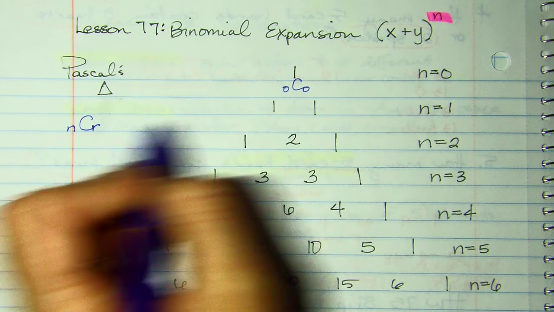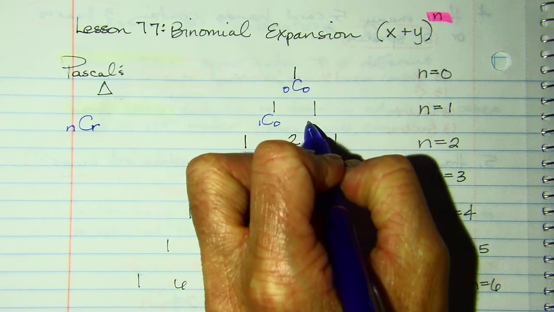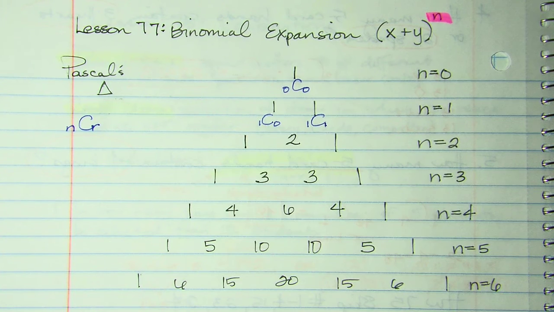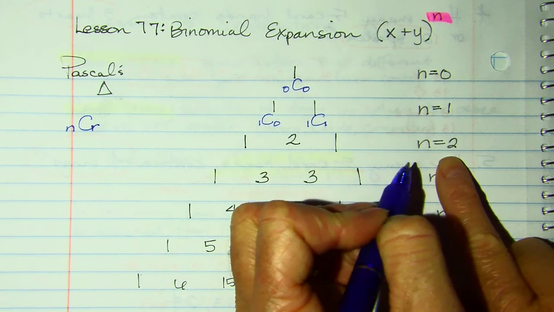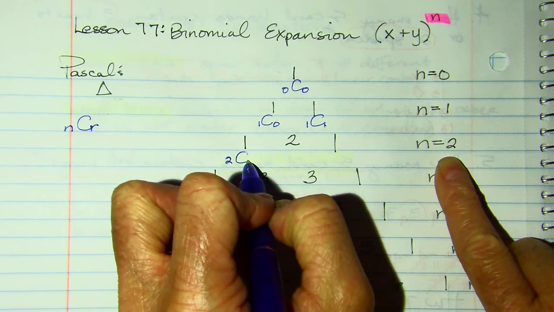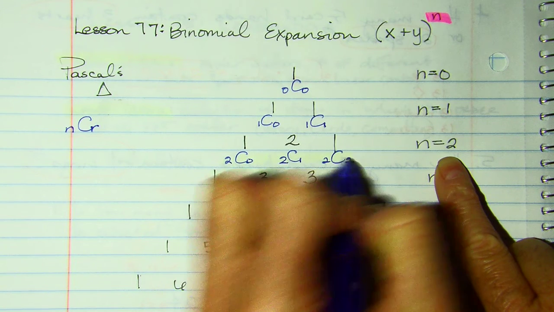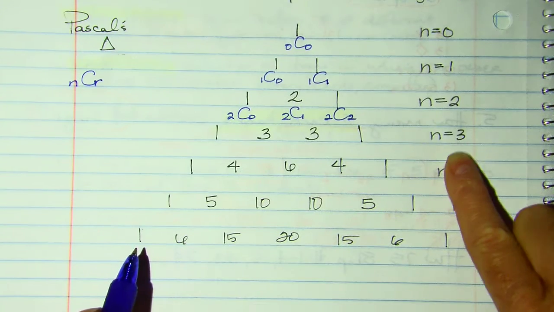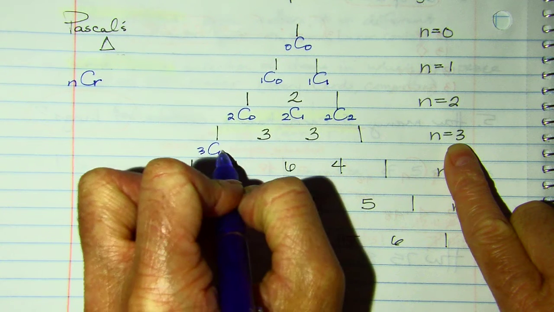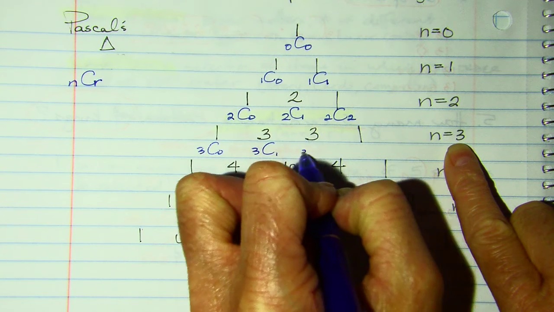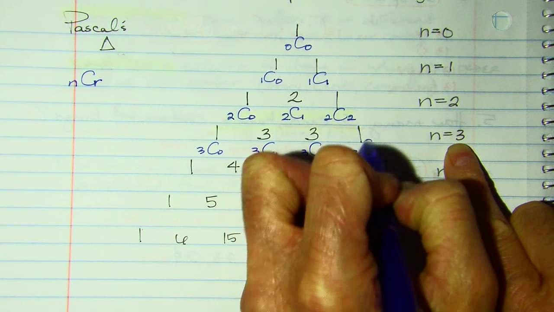So 1C0. This would be 1C1. This next row, n is 2, so this would be 2C0, 2C1, 2C2. This next row, n is 3, so 3C0, 3C1, 3C2, 3C3.